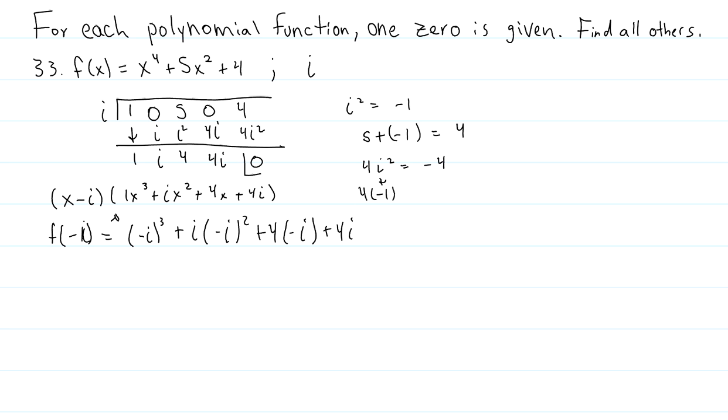So here, -i cubed is -1 times i cubed, which is... -i cubed is i. Then i times -i squared, -i squared is -1, so we get minus i, plus 4, oops, minus 4i plus 4i. So we get positive i minus i, minus 4i plus 4i. This gives us 0, this gives us 0, 0. So we see that -i is another zero.